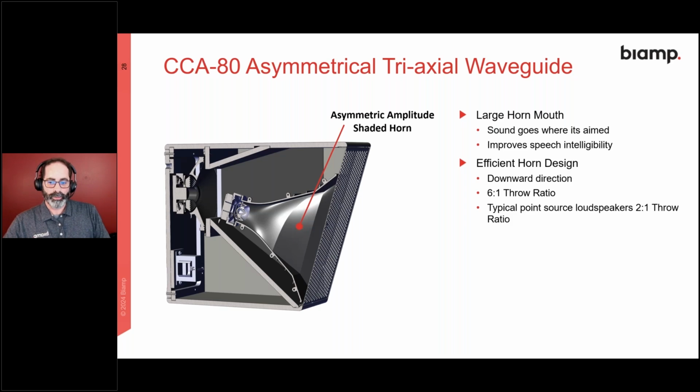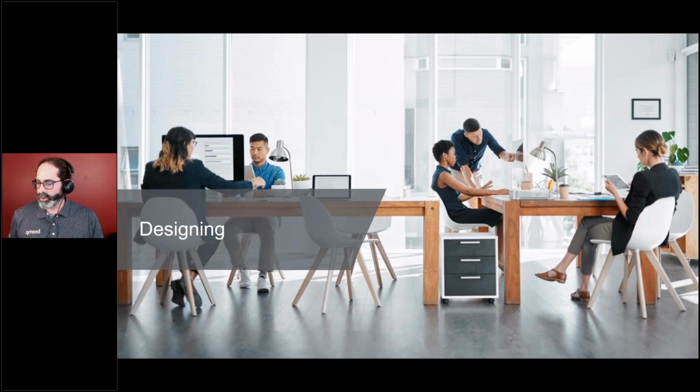That's what creates a very unique pattern to project really far for listeners that are quite a distance from it and right below it, as you'll see in some of the modeling. If you're familiar with the 3-to-1 rule, which we'll spend a little time on, this actually lets you work at a 6-to-1 ratio rather than a 3-to-1 ratio, which is pretty remarkable. It's the kind of coverage you get out of a line source almost, rivaling that.